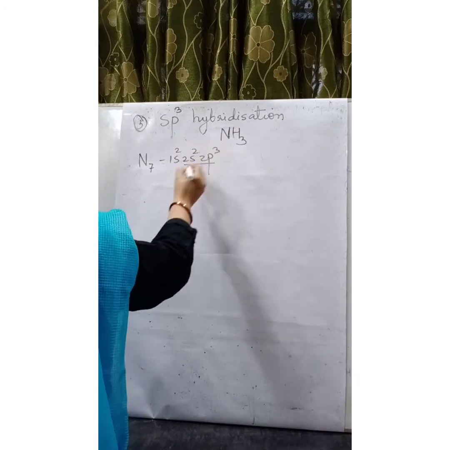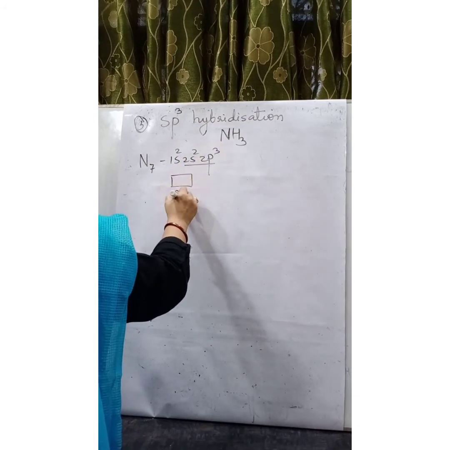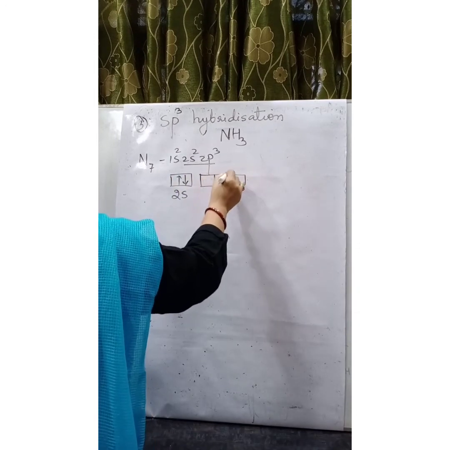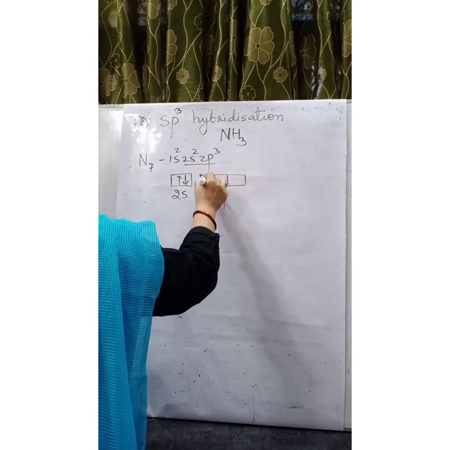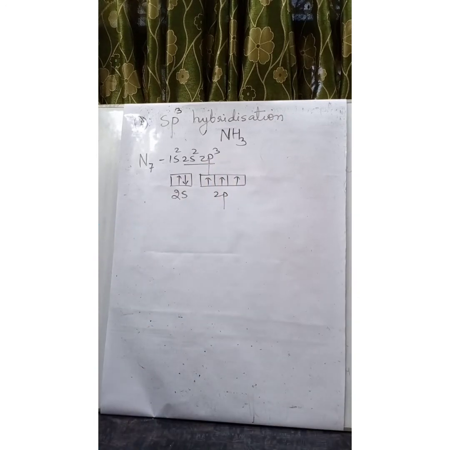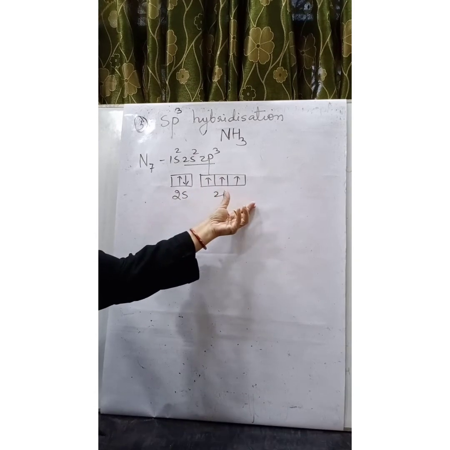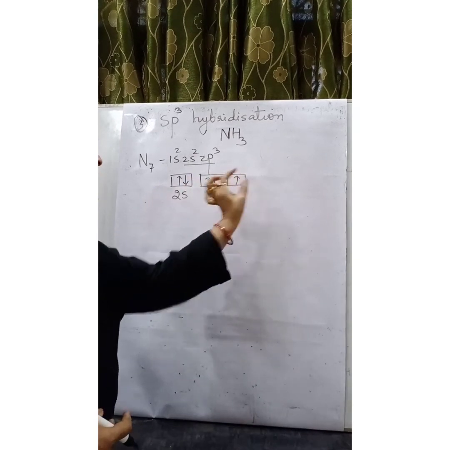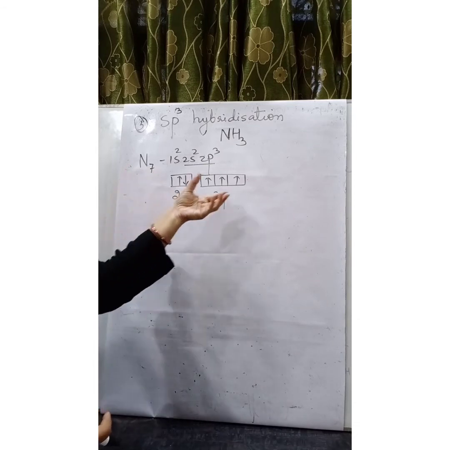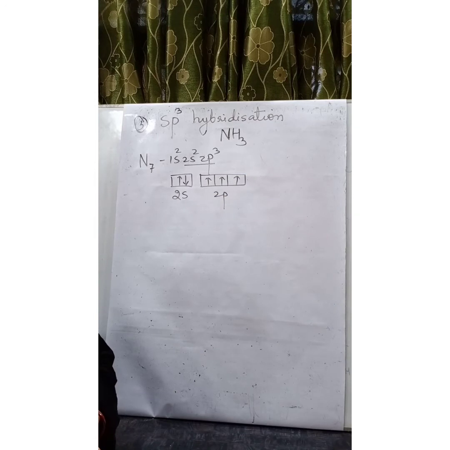This is the valence shell, where 2s has 2 electrons and 2p has 3 electrons, one in each atomic orbital. Now here, there is no vacant space for a 2s electron to get excited. Therefore, nitrogen does not go into the excited state.